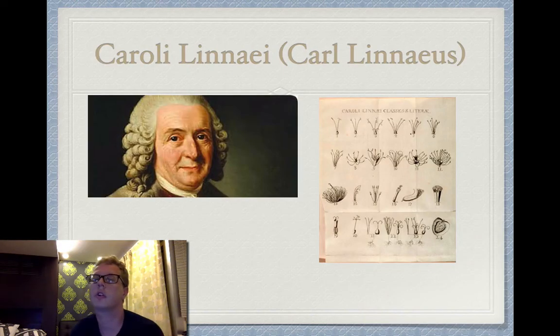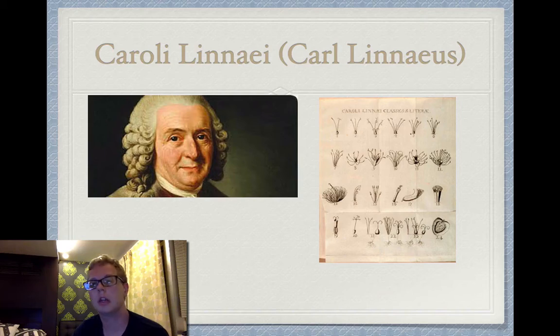Okay, so we're going to start this video lesson on a person who is Carolus Linnaeus, also known as Carl Linnaeus. Carl Linnaeus was a Swedish botanist, and he came up with this idea of naming species using a binary naming system.